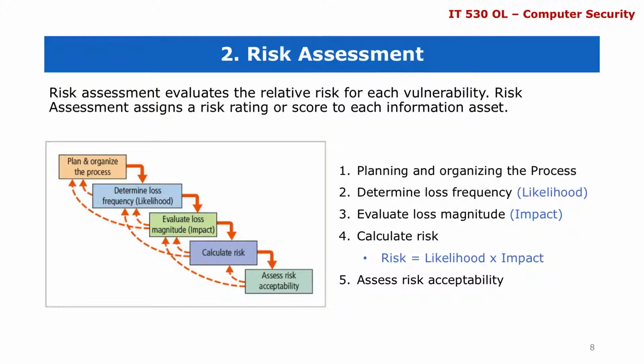But the acceptability for each single threat and associated vulnerability that has a residual risk, there is a need to create a ranking of relative risk levels. Residual risk is the leftover risk, as we mentioned earlier.